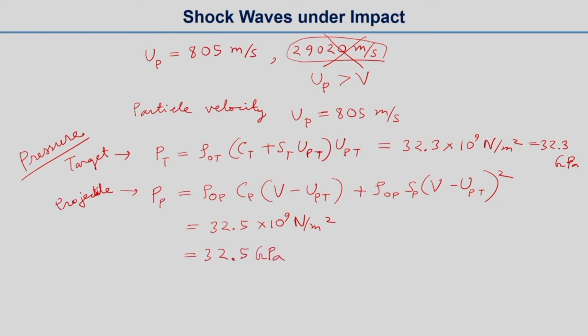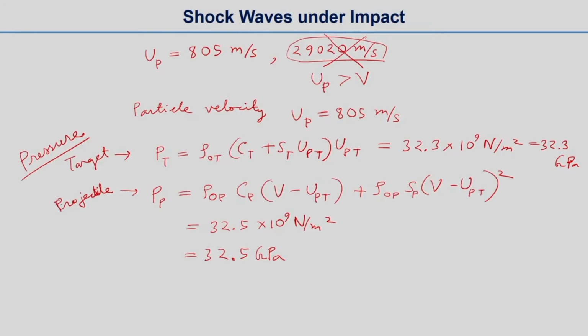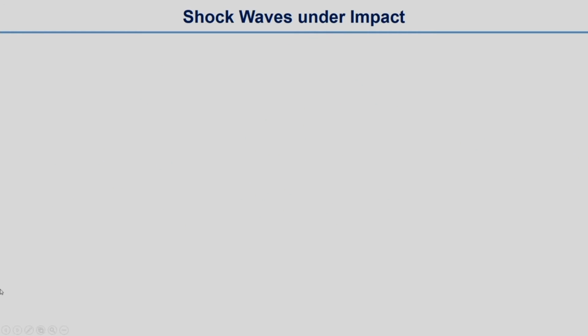So the pressures are almost equal, and our condition was that the pressures are equal. Anyways, we got the pressures generated in the target and projectile, which has a very high value, 32.5 gigapascal. But there is another way to the solution.